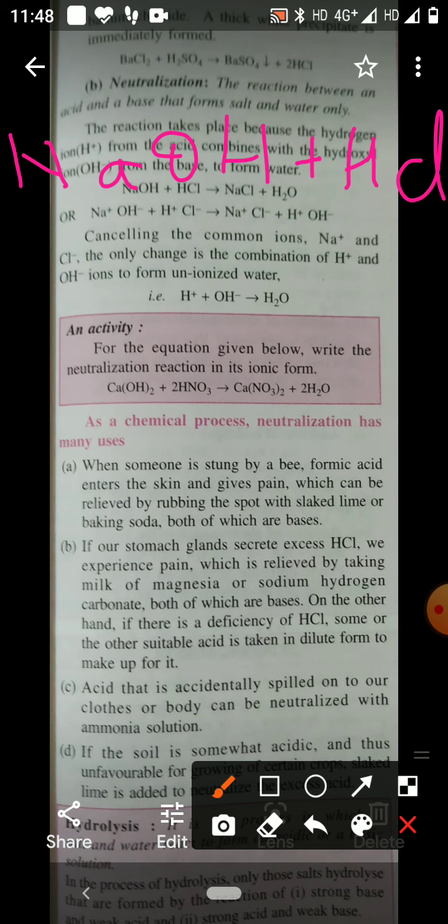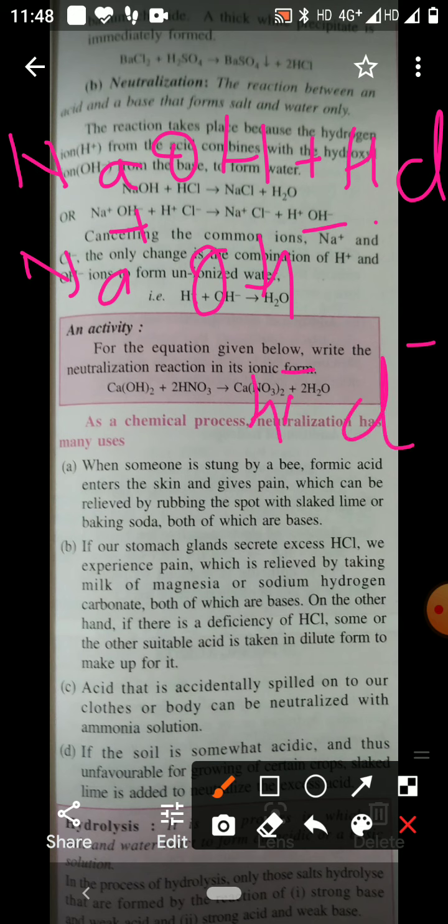Sodium hydroxide breaks into sodium ion and hydroxyl ion. Hydrogen chloride breaks into hydrogen ion and chloride ion. Now the sodium ion of the base and the chloride ion of the acid combine together.